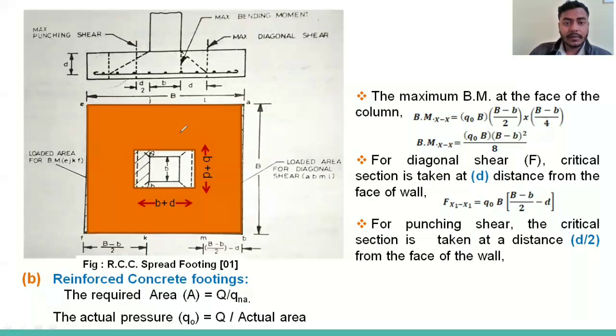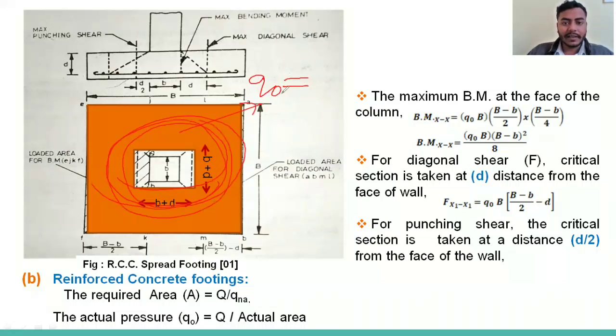The pressure q naught is acting below the bed of the footing, acting on the footing from the upward direction, and we have to calculate the force developed due to the shear by this portion. So we have to calculate the area of this colored portion, right? Because this is a square of side B, and this is a square of side b plus d. So both are squares.